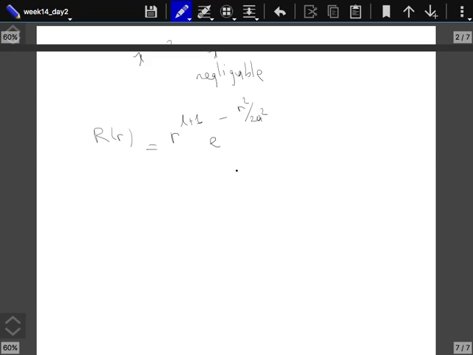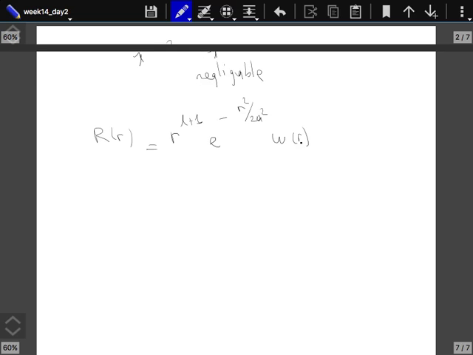The first factor is the asymptotic form when r goes to 0, and the exponential is the asymptotic form when r goes to infinity, times some function which we don't know at the moment. And as long as that omega of r doesn't diverge faster than e to the power r squared over 2a squared, this function will be normalizable. So that's the boundary condition I have to impose on this omega of r. And that would lead me to the quantization of the energy eigenvalues.